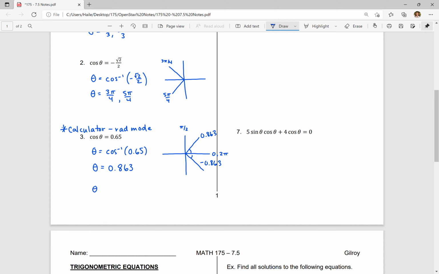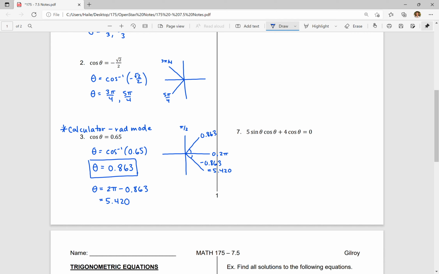So our other theta will get 2 pi, and we want to subtract off that 0.863. And if we do that, we should get 5.420. Okay, so a coterminal angle to negative 0.863 radians is 5.420 radians. Okay, so these are our two angles.